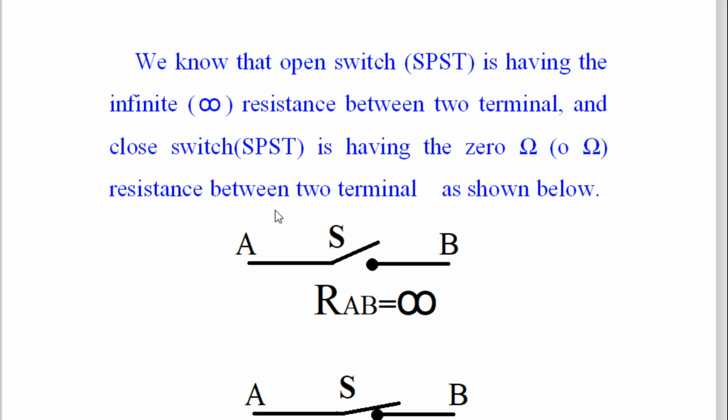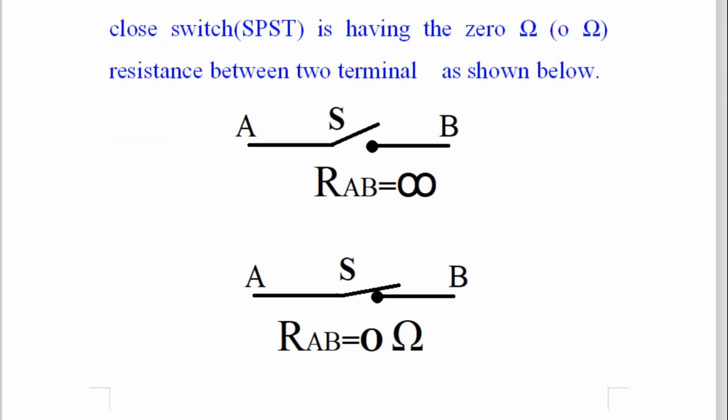And in this way, when you talk about an open switch, that is single pole single throw, it is having infinite resistance between two terminals, and a closed switch, of course, is having zero resistance, that is 0 ohm resistance between two terminals as shown below.